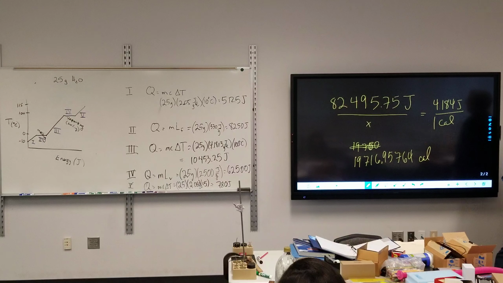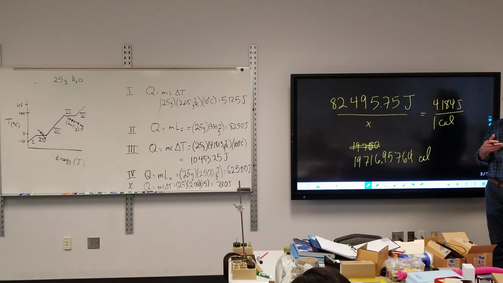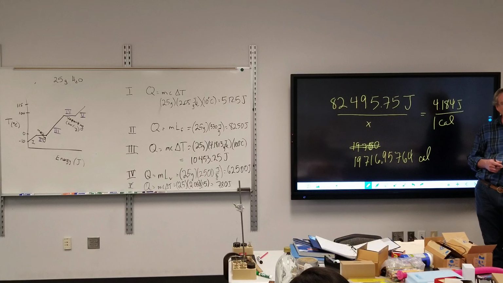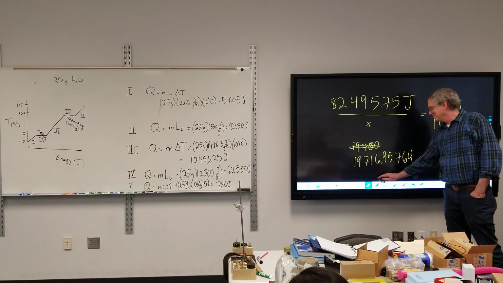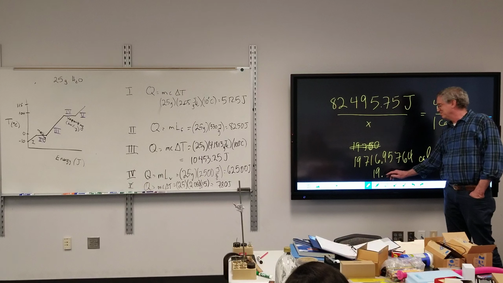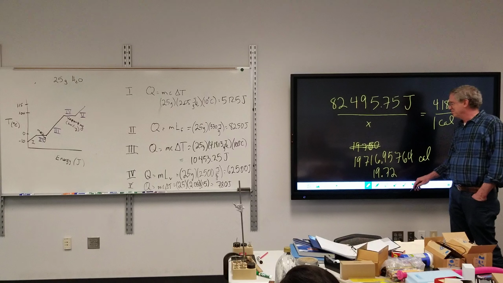Do you move the decimal point over 3 times to the left? Yes. Okay, then, 19.72 big C calories.